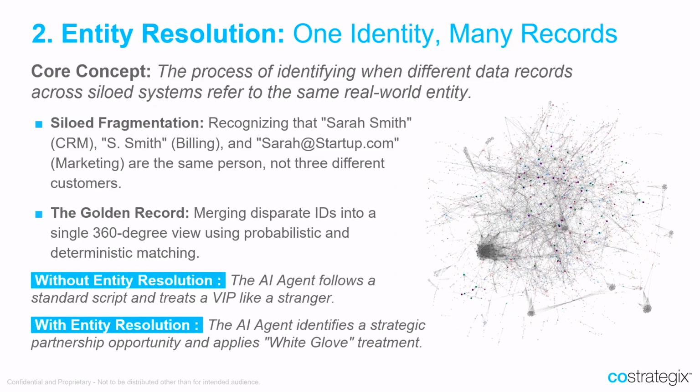That's why you see a lot of MDM companies also trying to become the de facto context layer as we speak, which I haven't fully defined yet, and I will in the next couple of slides. So with entity resolution, the agent follows a standard script and treats a VIP like a stranger. With resolution, it knows, okay, there's actually a B2B decision maker, so I need to escalate at that point. So that's the second concept.